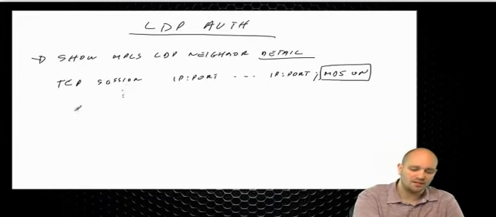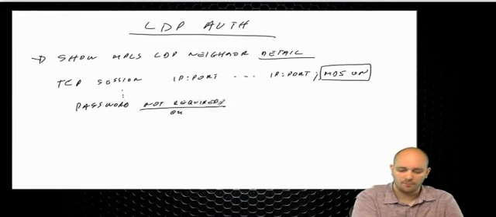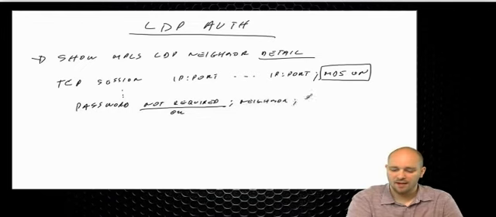Also, below this you will have password, and it's usually going to say not required. This is okay. It will say that it was configured on the neighbor. This is okay. And then you are going to have one of two options.